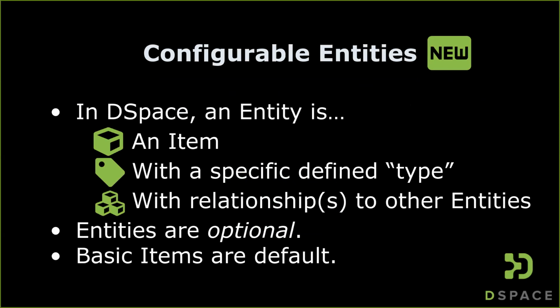And those typed items can have relationships to other entities. So entities can be related through relationships. Entities, though, are 100% optional, and in fact, they're not enabled by default. So if you want to use them, you can use them. But the default behavior of DSpace is the same as it's always been with just normal communities, collections and items.